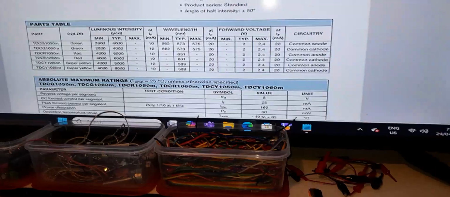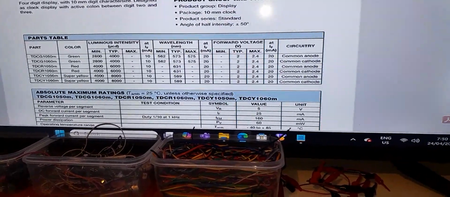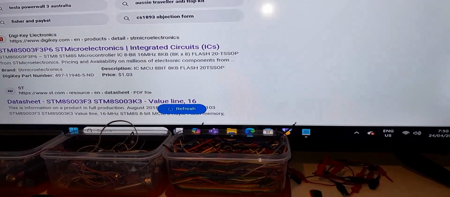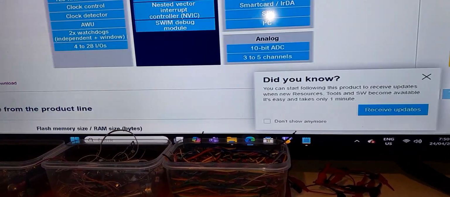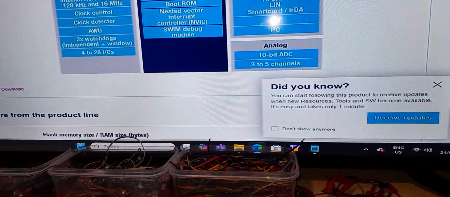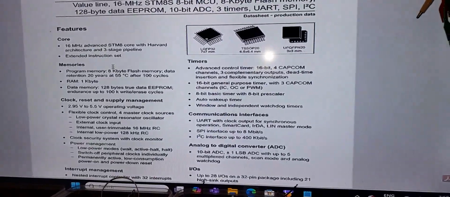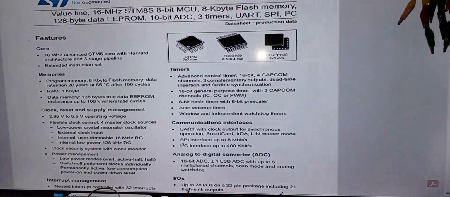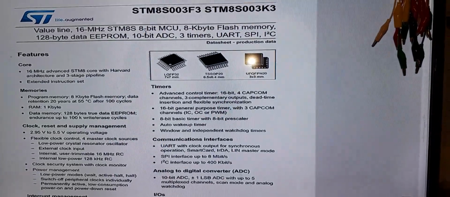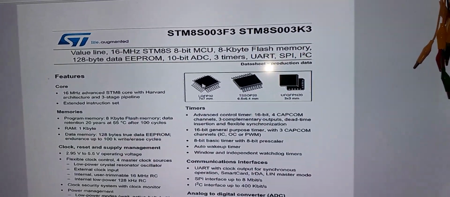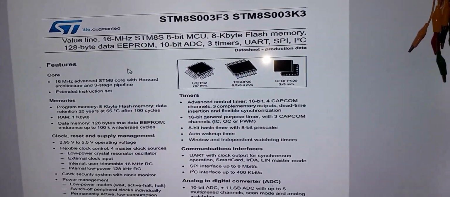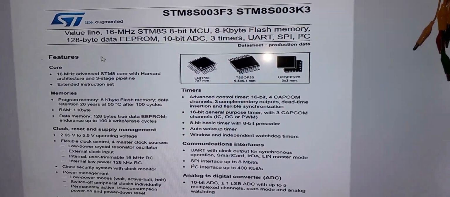But I want to have a look at that to get an idea of current draw, because there's that and the micro. And then I got the data sheet for the micro. Here it is. Sorry about that. So like I thought, it does have an ADC in it, and it runs at 16 megahertz.